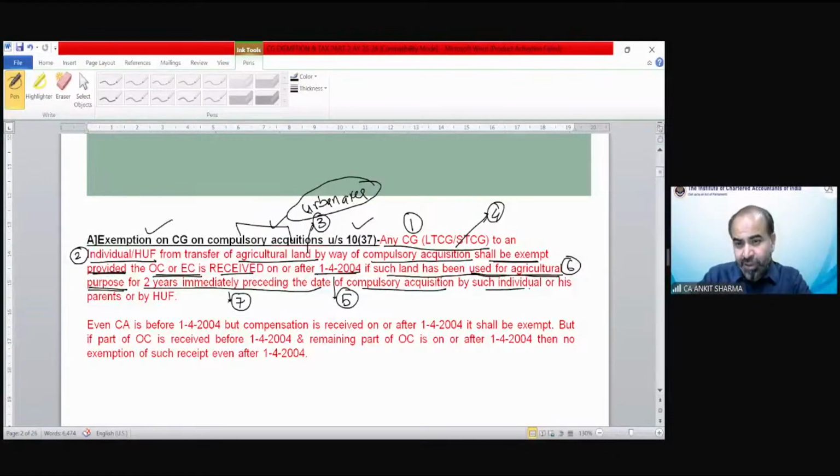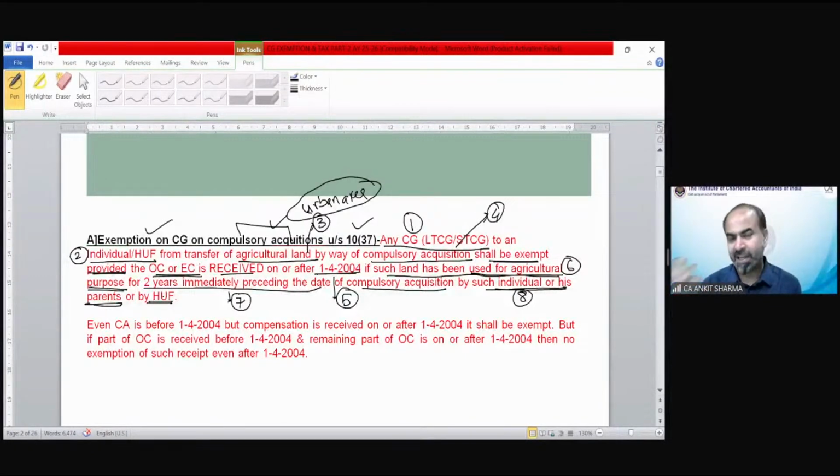And for that purpose, it should be used by the individual or his parents or by the HUF. So that means if I let out my agricultural land to someone else, and that person is using it for agricultural purpose for 3-4 years, after 3 years I have decided to transfer that agricultural land, exemption would not be there, because I myself or my parents have to use that agricultural land for agricultural purpose.